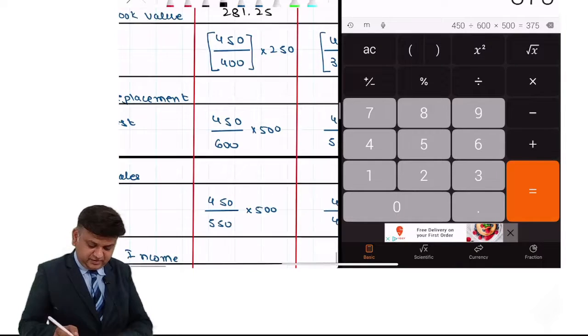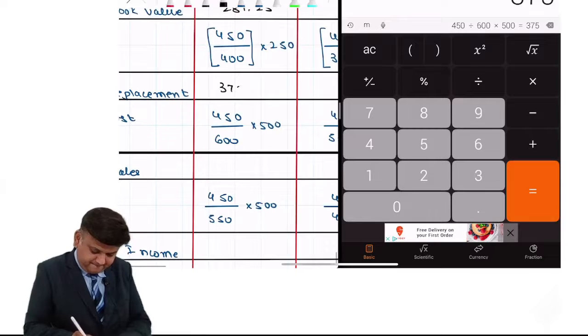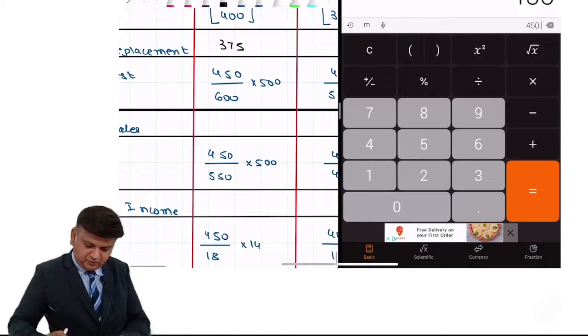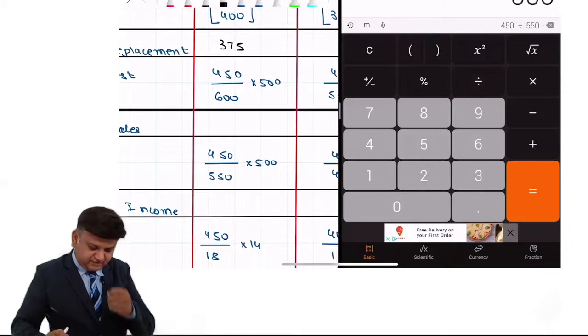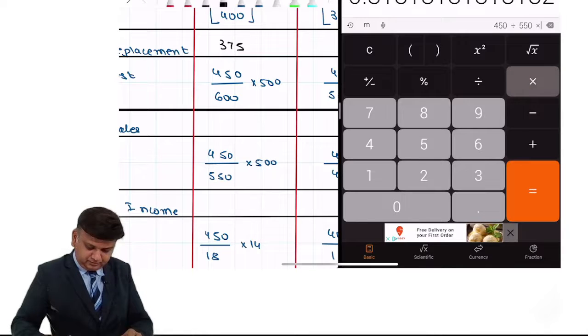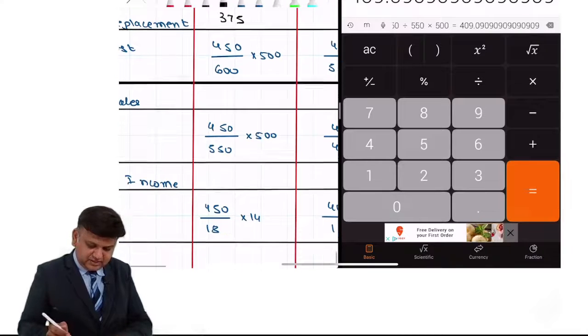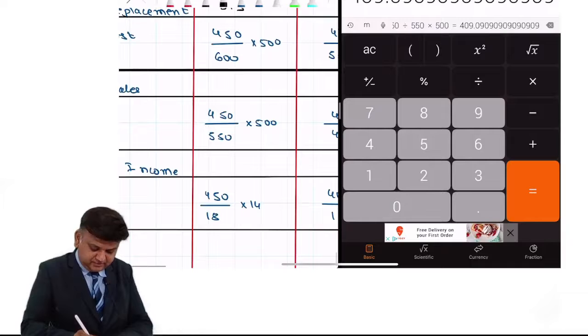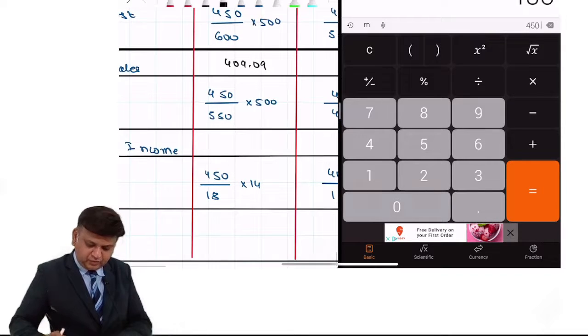That is 375. 450 divided by 550 into 500. That is 409.09. 450 divided by 18 into 14.